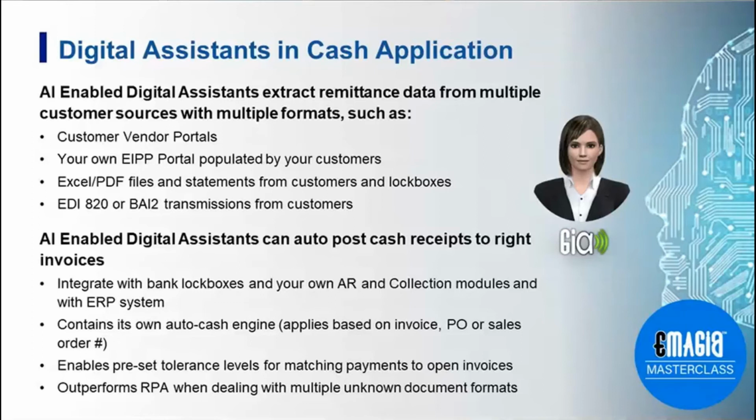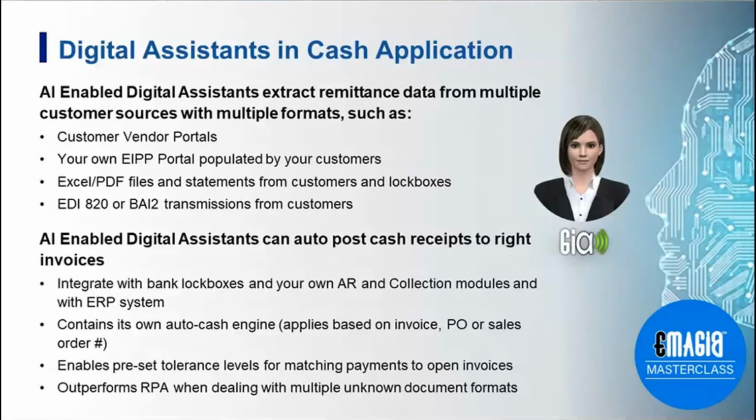Any kind of Excel, PDF file that you get from banks, customers, whatever. And it can also extract data and read from the predominant EDI remits advances, the 820s, and then posts it to the right invoices. Again, integrating with your banking systems, your ERP, it automatically applies.